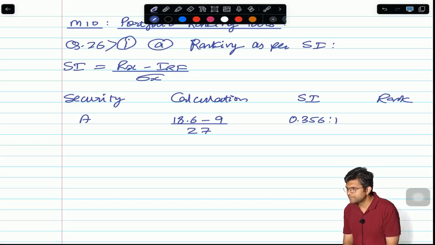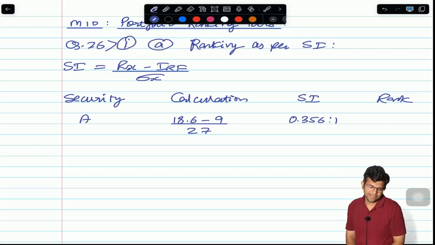I hope nobody is filling up the rank column also with the calculations. First you have to complete everything, then give rank. Everybody wants rank.